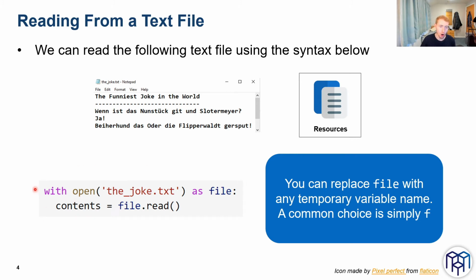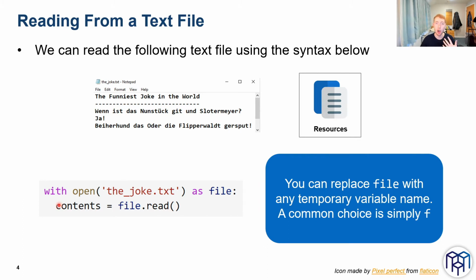Now, what this whole notation is called is a context manager. And so what this does, it creates a context in which a connection to that file exists. So wherever we're indented here, this connection, which we call file, which connects us to this text file, exists, and we can read from it and do whatever we want with it. And the reason we use a context manager is to handle some kind of technical aspects of reading a file to make it just easier to work with.